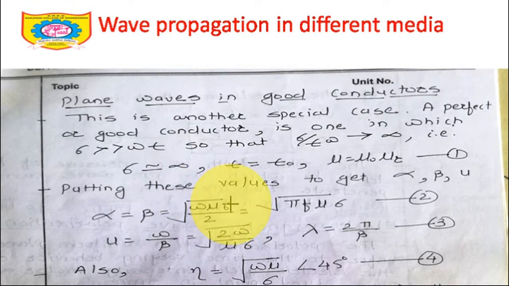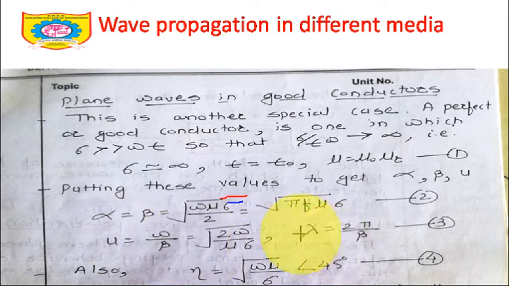Omega mu sigma, this is not 6, this is sigma, omega mu sigma upon 2. And if that is so, alpha equal to beta equal to, you can put omega as 2 pi f, this 2 will get cancelled with this 2, and I am left with under root of pi f mu sigma, and u or velocity is omega by beta.